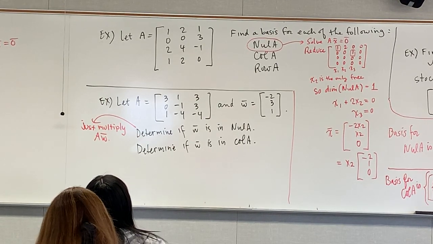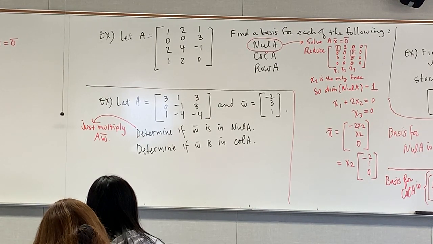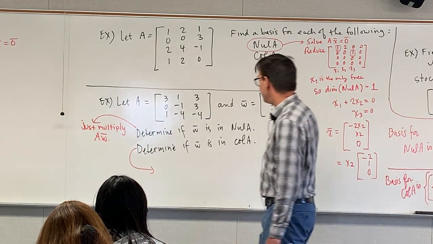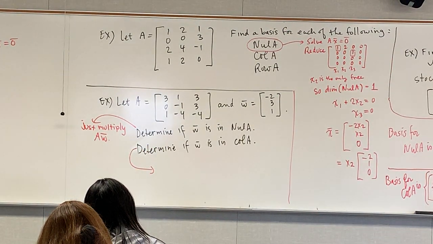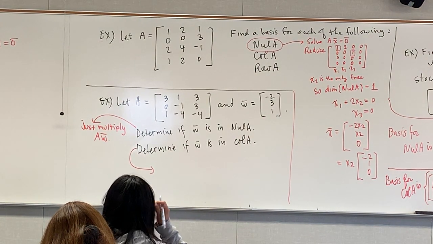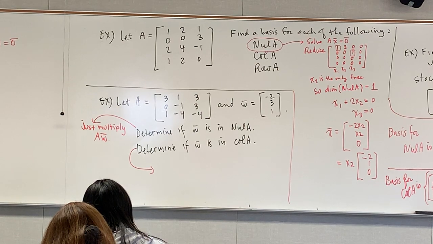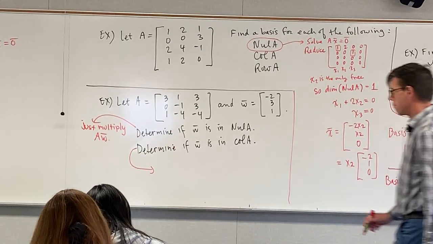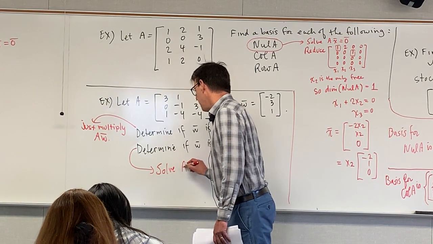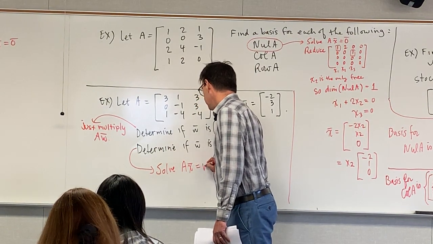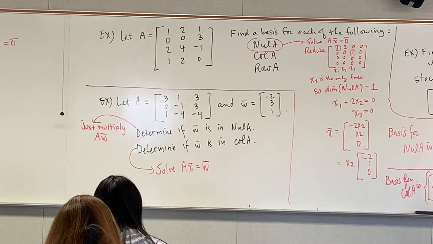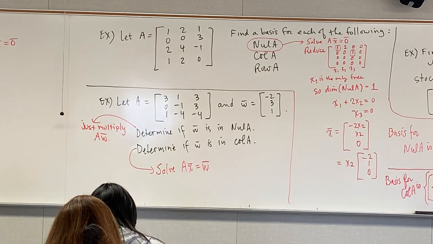And how do you determine if W is in the column space of A? Yeah, you actually have to solve AX equals W, which may take a little bit of work, right?